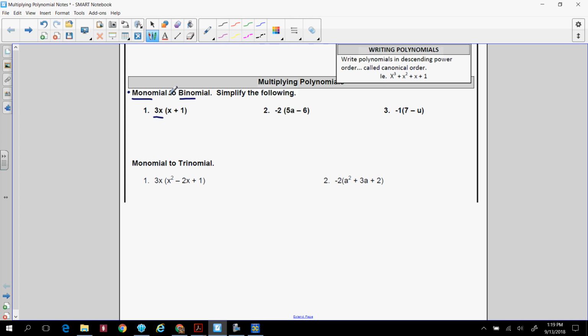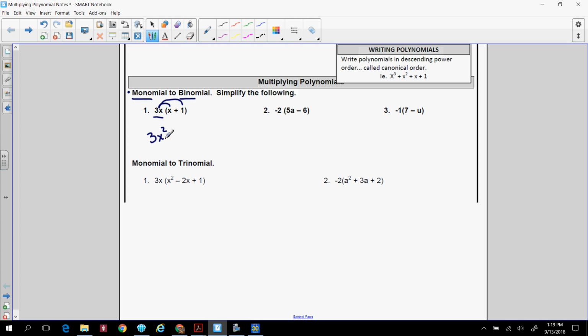This first example, number one, we have one term, 3x, being multiplied to two terms, a binomial. And so this is why we went over exponent rules. We have to take 3x and multiply that to x, which should give us 3x squared. So remember the difference between multiplying and adding variables.